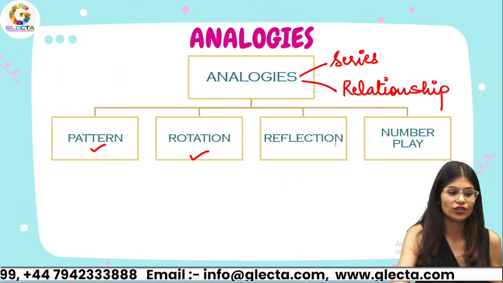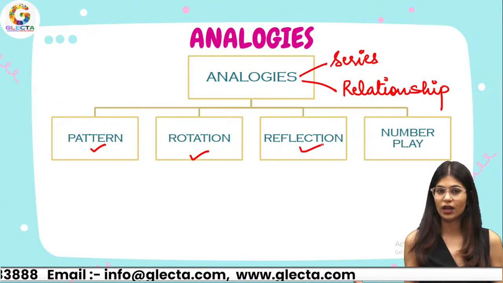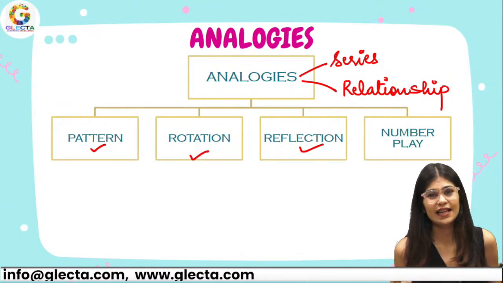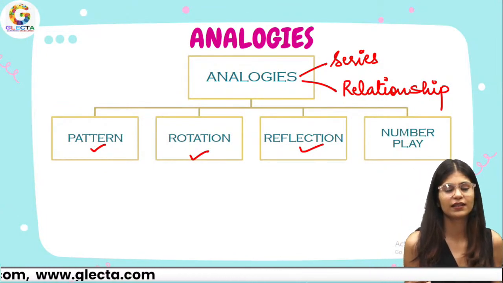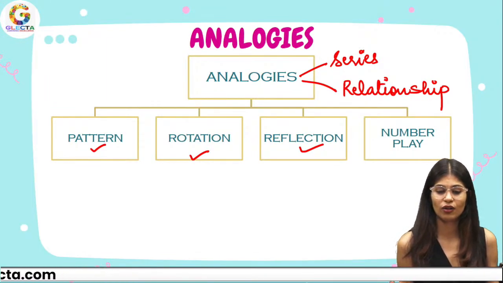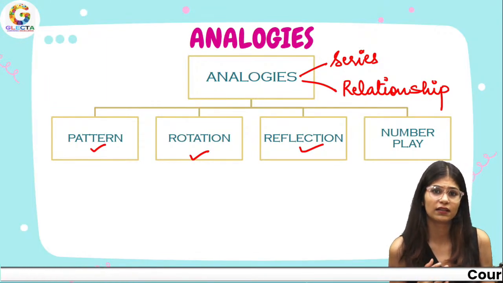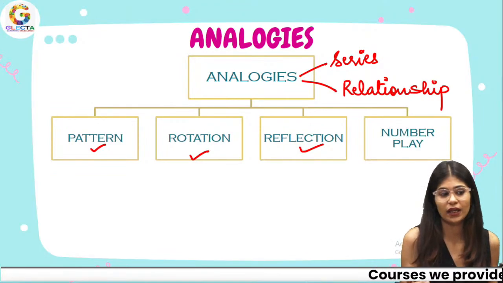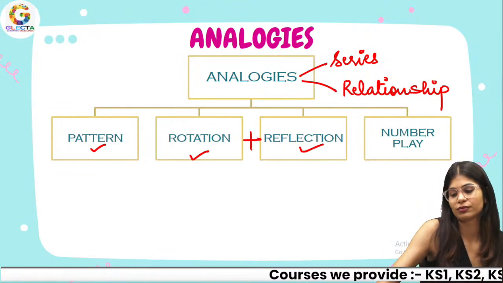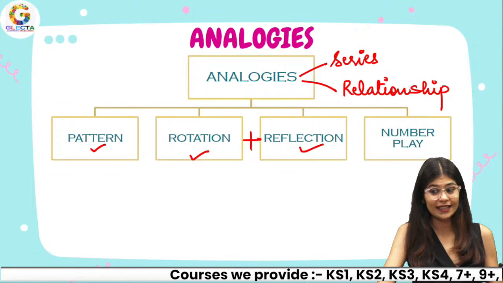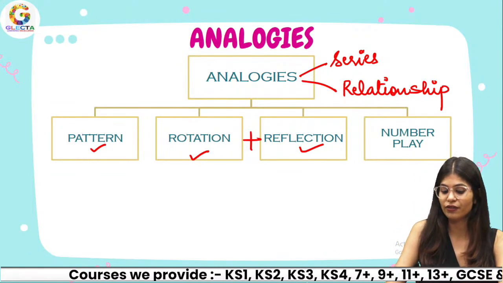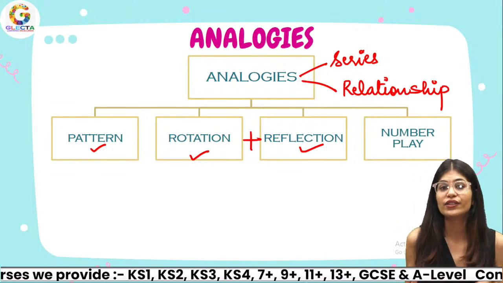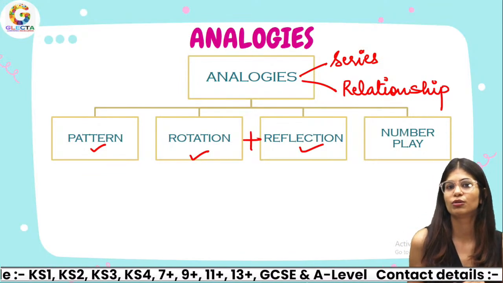Reflection is the next logic, which we have already done. Now, sometimes you think that the figure is rotated or you feel like it's reflected, but you don't see it happening. Try to add these two. What I mean is, sometimes not only are the figures rotated, but they're reflected along with rotation.